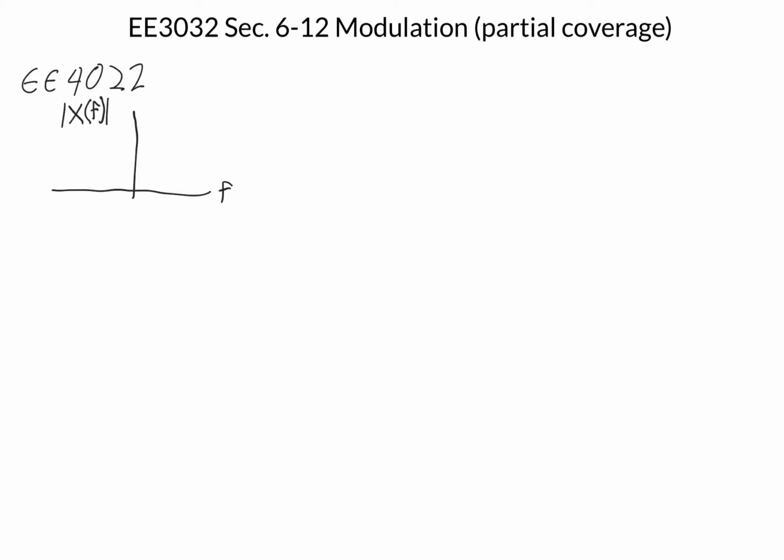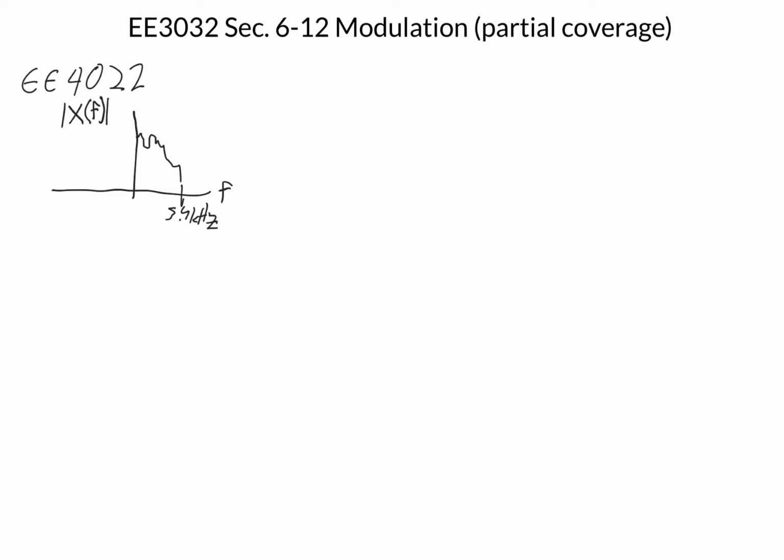Now, if we look at a typical human voice, most of the energy is below about 3 or 3.4 kilohertz. So when we do the Fourier transform of a human voice, we might see a lot of energy here, especially at lower frequencies.